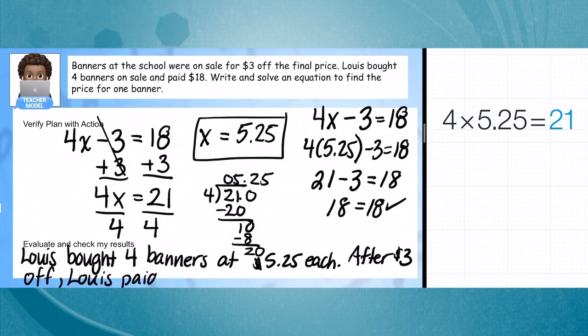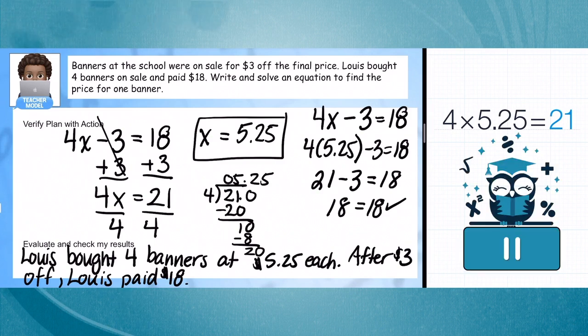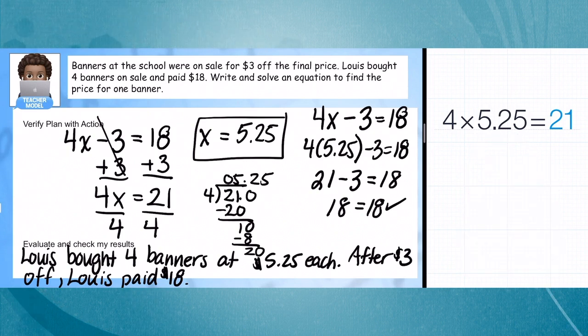Lewis paid $18. And done. Hit pause so you can jot this one down into your notes. We're doing pretty well with this, Math Marbles.